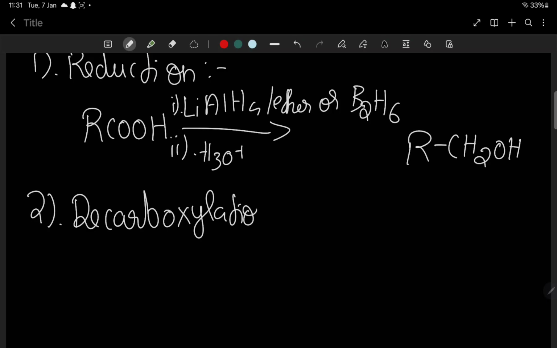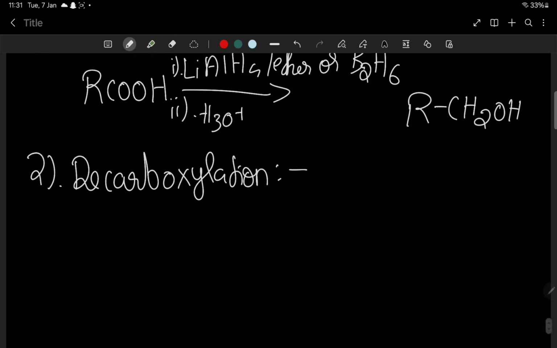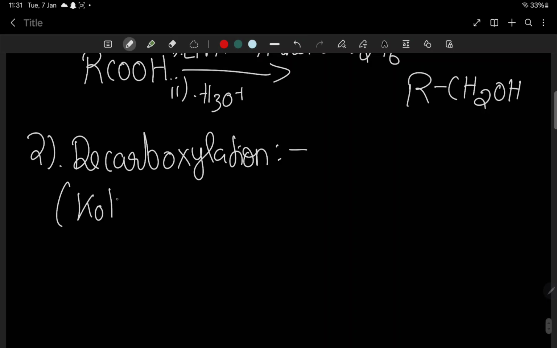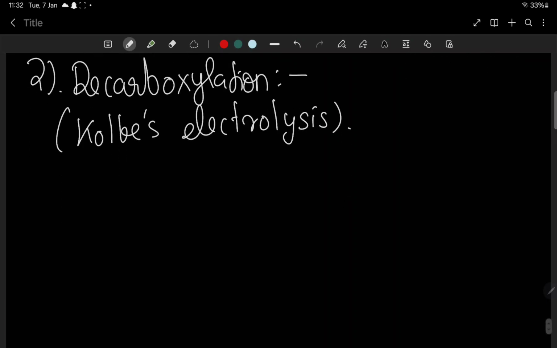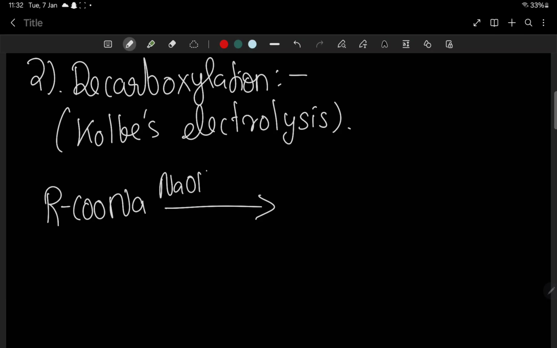Now second one is decarboxylation reaction. This reaction has another name, that is Kolbe's electrolysis. This reaction is there in hydrocarbon chapter too. Only this thing is that we are taking RCOONa, that is a salt of carboxylic acid, and we are heating it with NaOH and CaO, calcium oxide and sodium hydroxide.